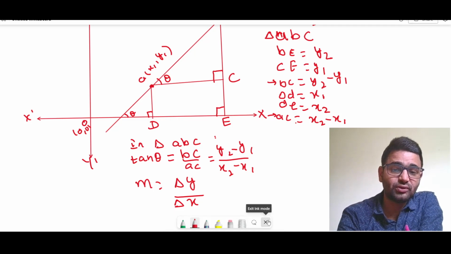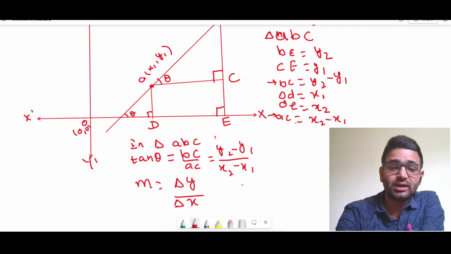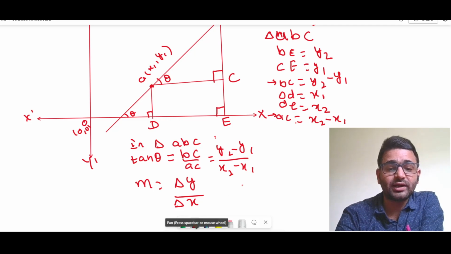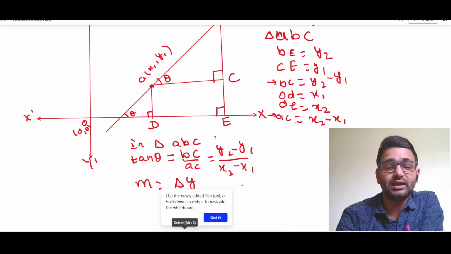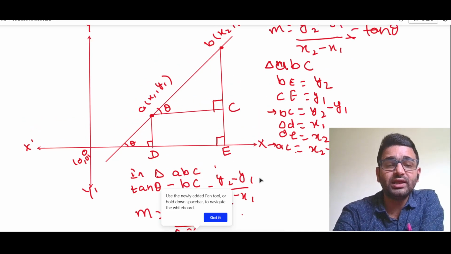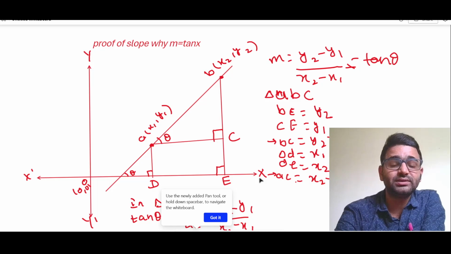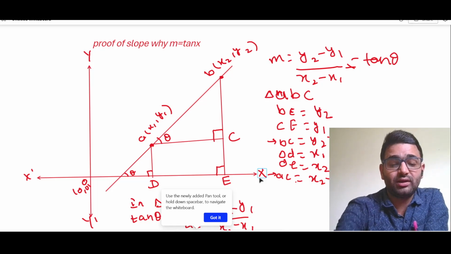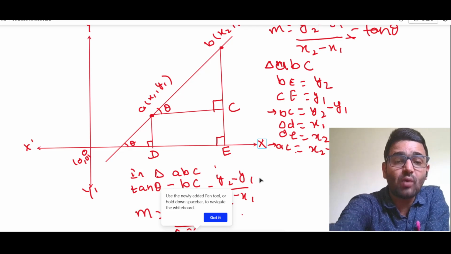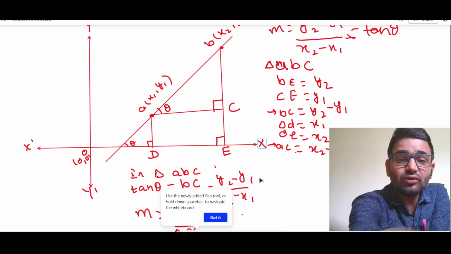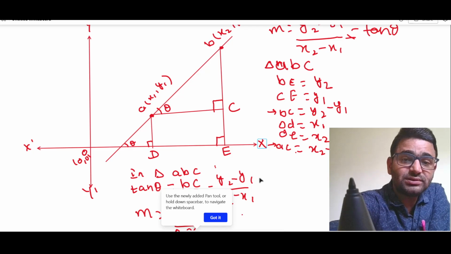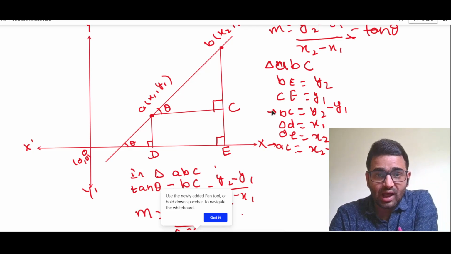You know trigonometry, right? So now tell me which one is giving the relation between y and x coordinates, that is change in y and x. So change in y is this part.